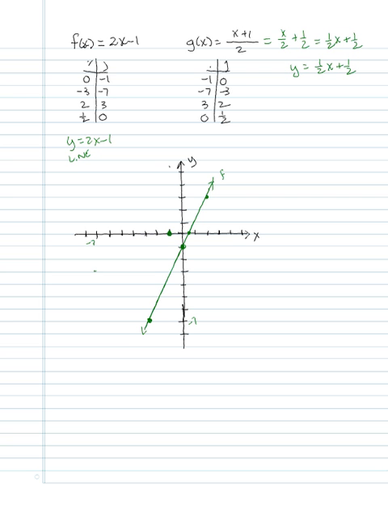So we're talking about the point that's roughly right here. Okay, next point 3, 2. Well, x is 1, 2, 3, and y is 2. So that's the point roughly right here. And then finally, the point 0, 1/2. And that would be the point that is roughly right here.